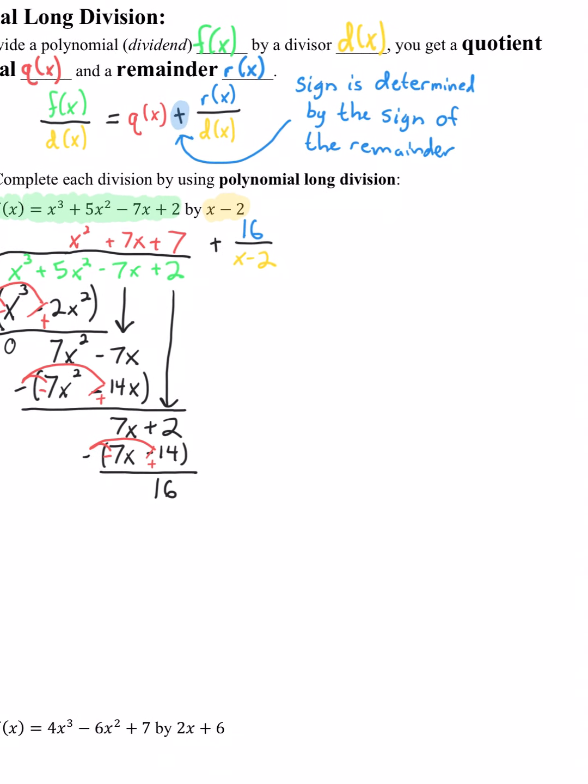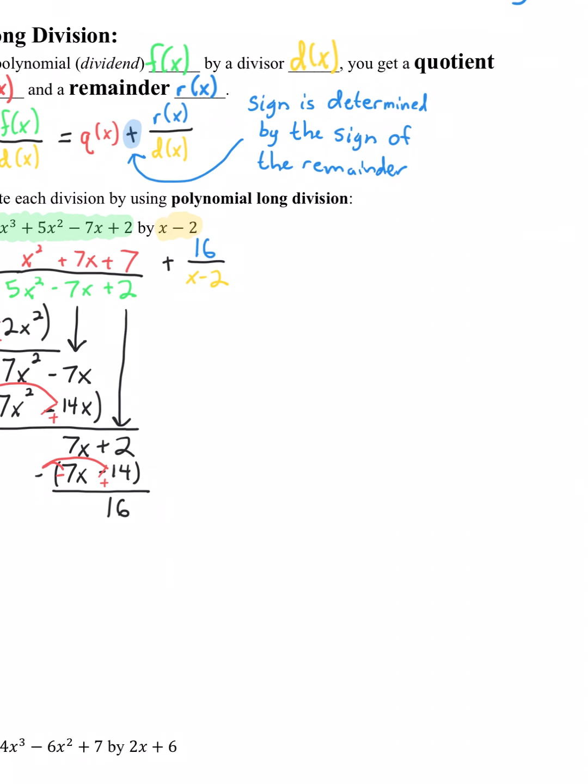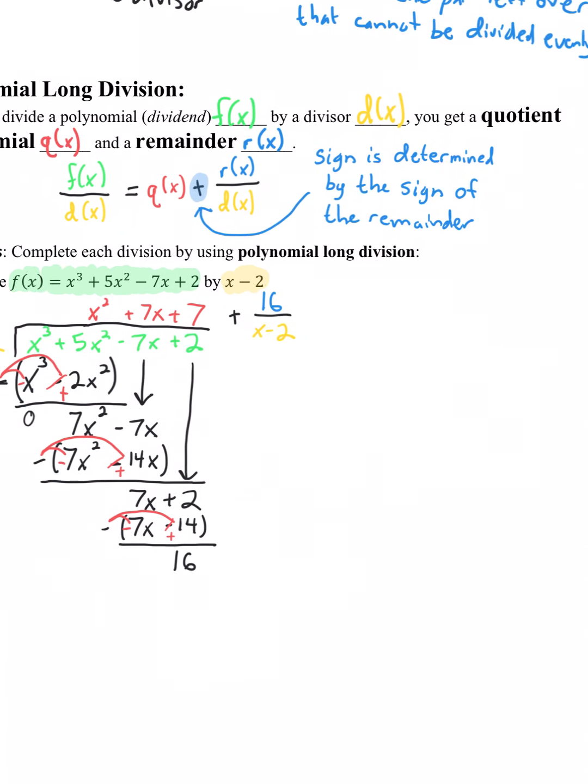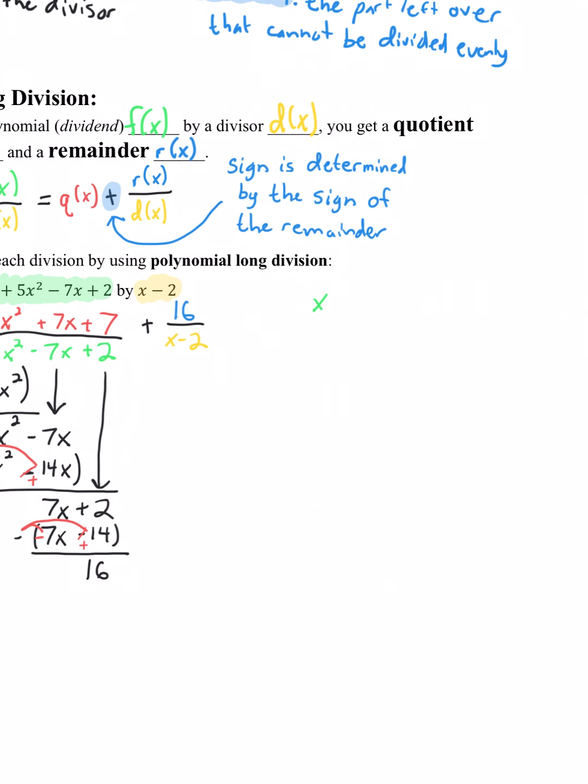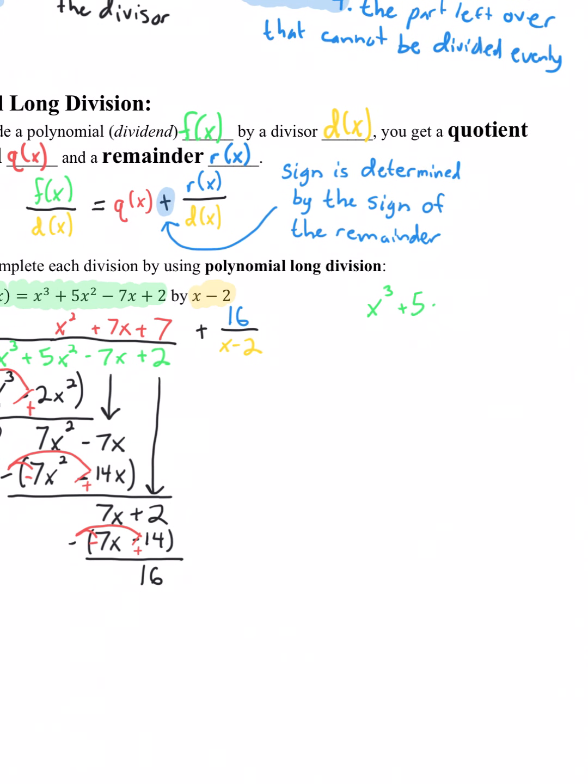First, what I want to do is take our answer and double check it. So what really happened here, we have the f of x over d of x up above. So I'm going to write that notation up here. X cubed plus 5x squared minus 7x plus 2, that was divided by our divisor, x minus 2.